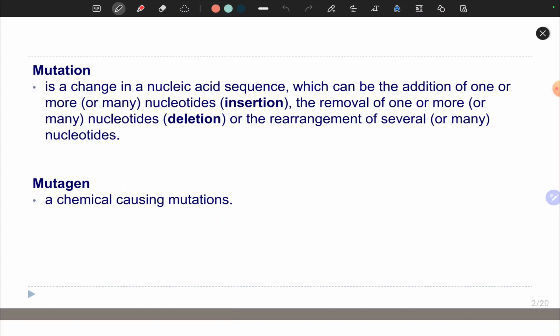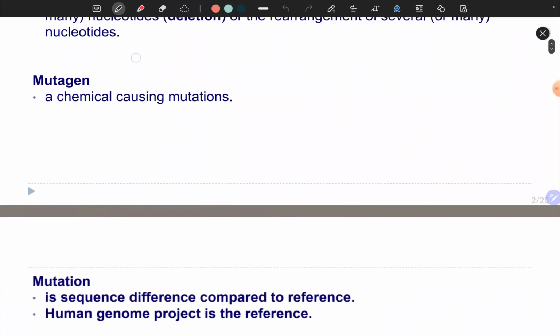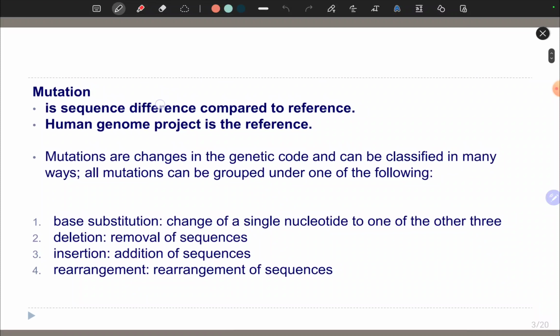You can define mutation in another way. We know that in 2001, two respectable journals published the first draft of the Human Genome Project. That was considered one of the big milestones in the history of medicine and biology.